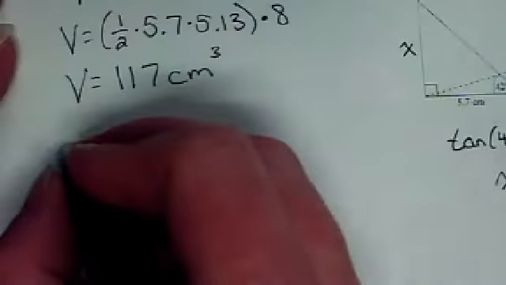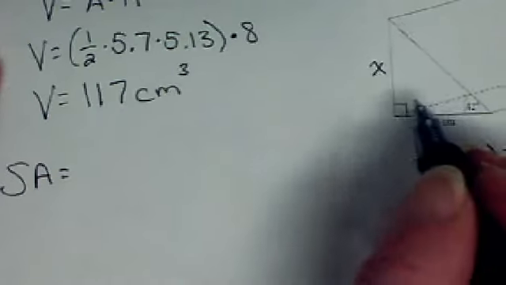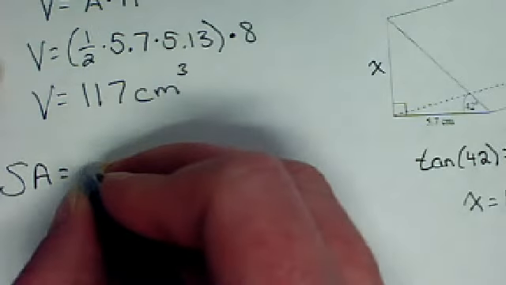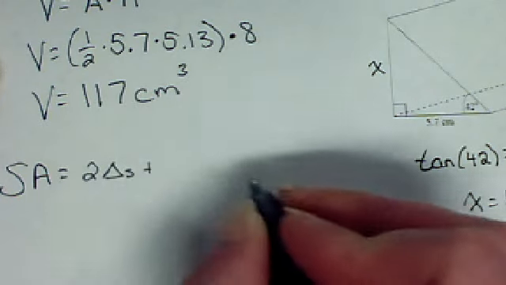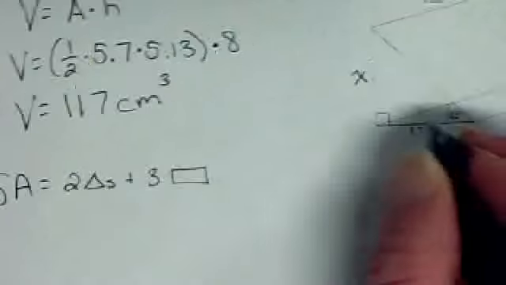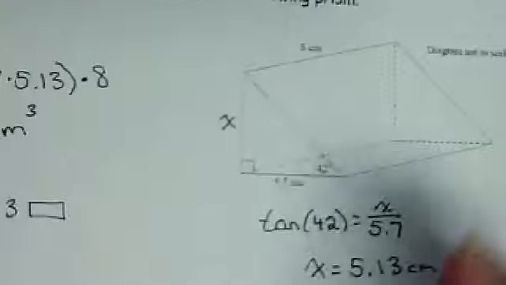Now, for the surface area, let's think about all the places we've got. We've got the 2 triangles, right? The one that was in the front and the one that's in the back. So 2 triangles plus 3 rectangles. 1 rectangle, 2 rectangles, and then the third one's in the back.